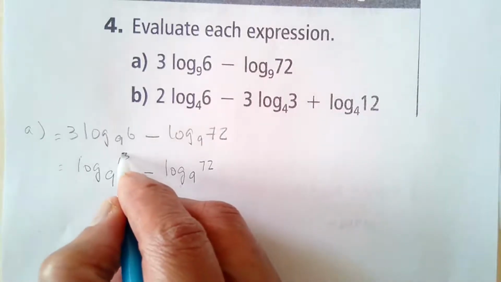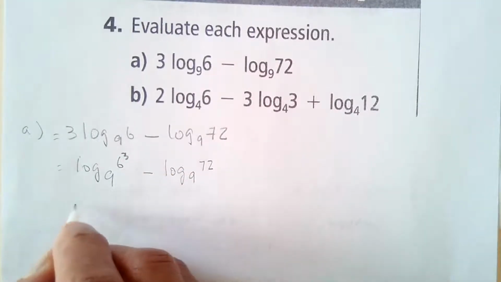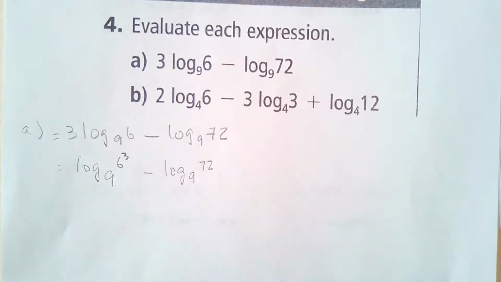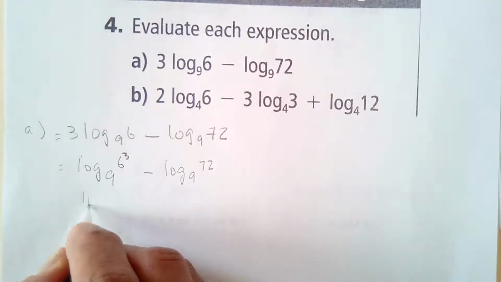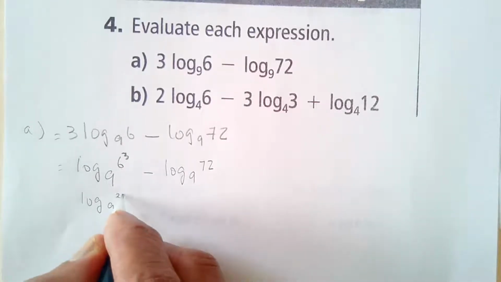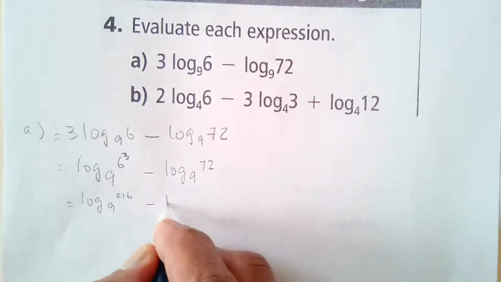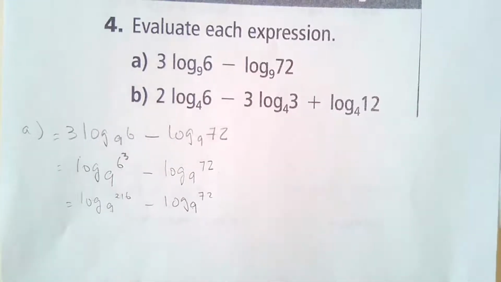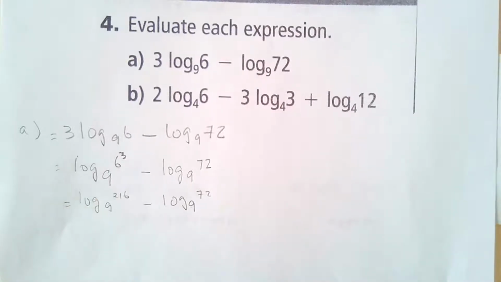Now we can simplify this further, and 6 to the power 3 gives me 216. So we can say that log 9 of 216 minus log 9 of 72. Now the bases are the same, so we are in safe territory right now.